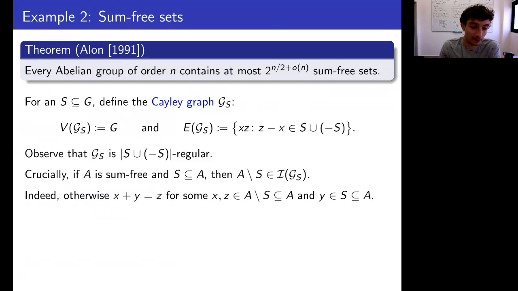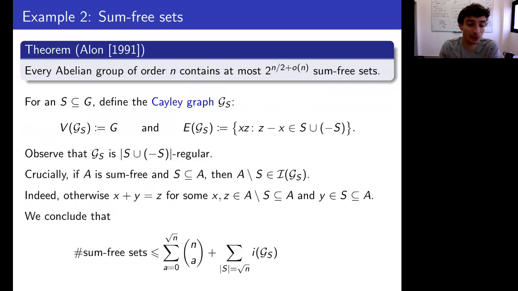So here's how we can now count the sum-free sets. First of all, if the set has at most square root of n elements, then we bound it by n choose A. This will be very, very small. Now, if the set has at least square root of n elements, then we can choose any representative set S of size exactly square root of n and define the Cayley graph G_S. And now the remainder of any sum-free set which contains the set S will be a set A minus S, which will be an independent set in the Cayley graph G_S.